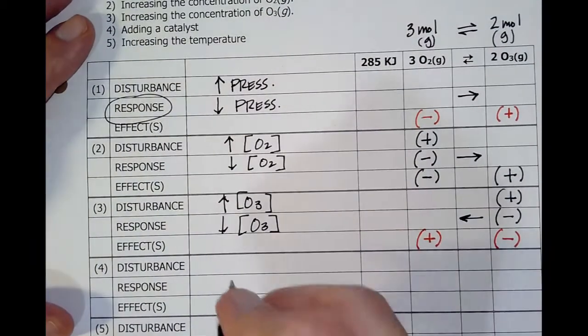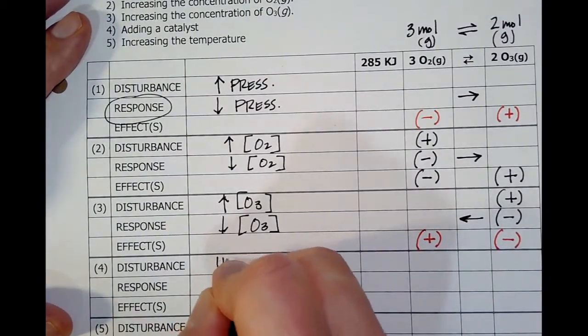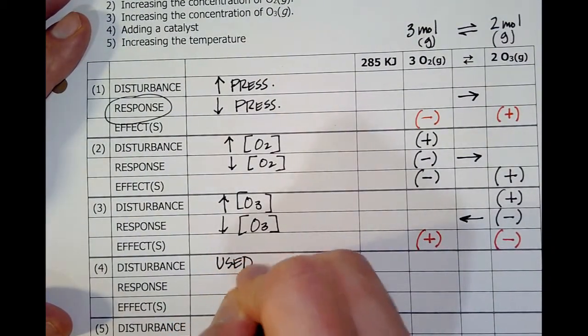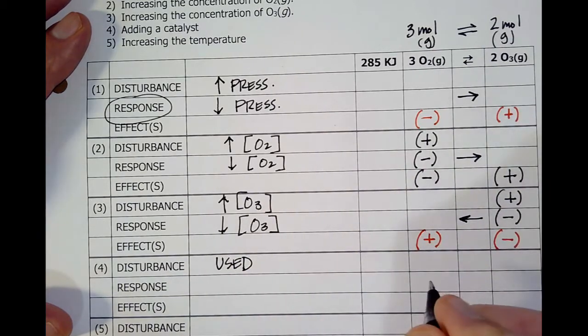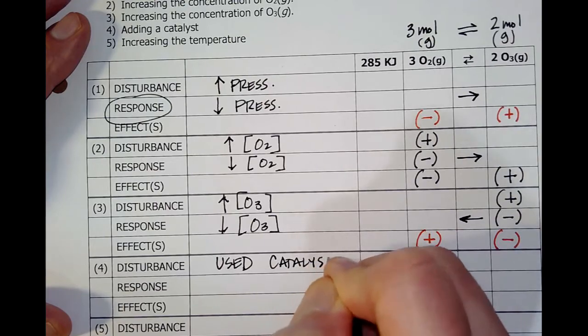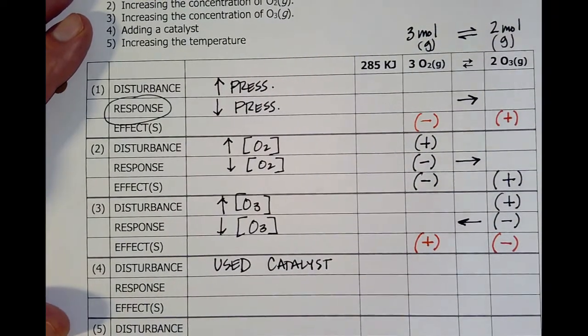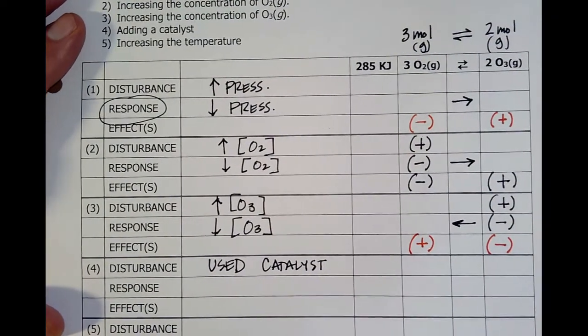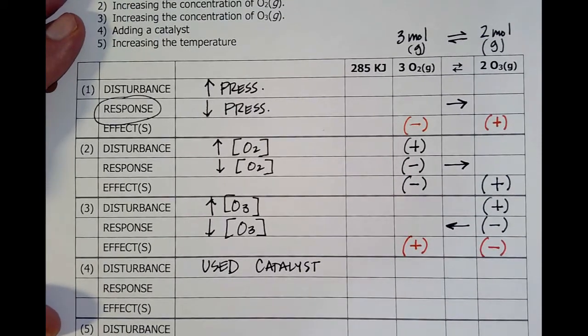Now the disturbance in 4 says we're using a catalyst. We're going to use a catalyst. Now what does a catalyst do? Well, it makes the reactions go faster, right? What does it do to the forward reaction? Speeds it up. What does it do to the reverse reaction?